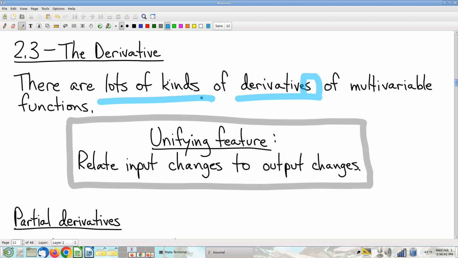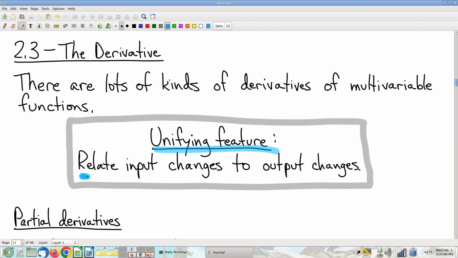I guess you could talk about the second derivative, right? But that's just a derivative of a derivative. It's really kind of the same thing applied multiple times. We're going to find multiple very different, fundamentally different kinds of derivatives. And what they all have in common, and the reason we can call them all derivatives, we can use the same name even though they're different things, is because they have this common feature.